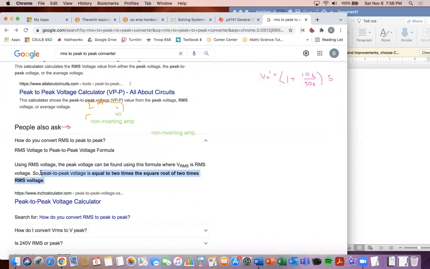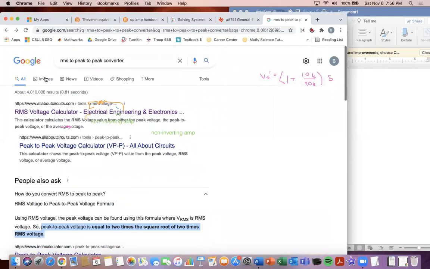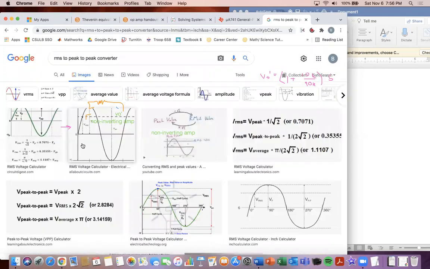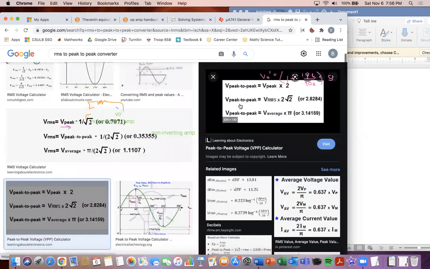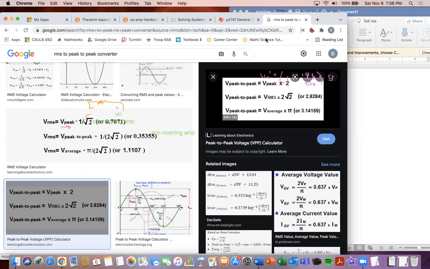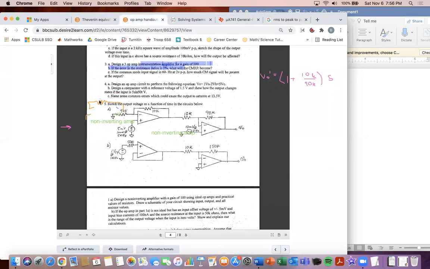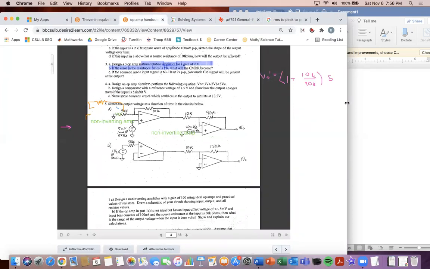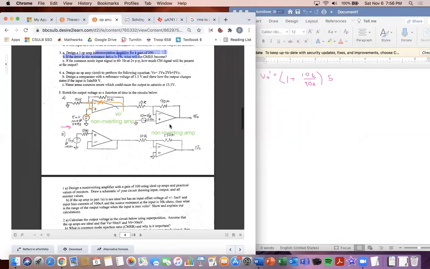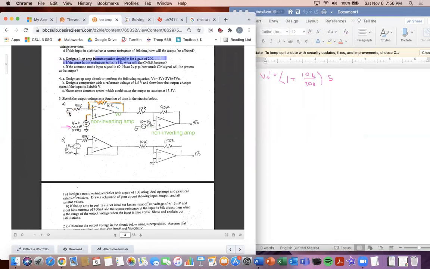Okay, so peak to peak voltage is equal to 2 times the square root of 2 times the RMS voltage. Voltage peak to peak is equal to the voltage RMS times 2 rad 2. So here, where he went over it, what you guys need to know is this: with root mean square, just multiply by 2 rad 2 to get the voltage peak to peak.